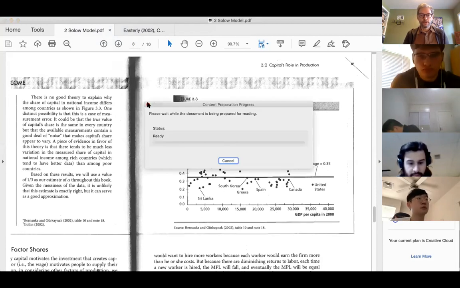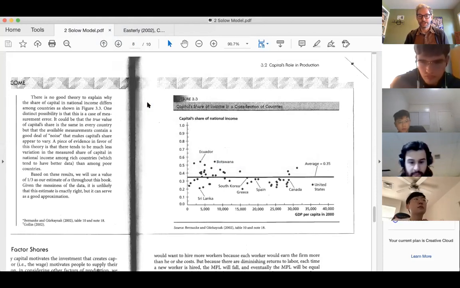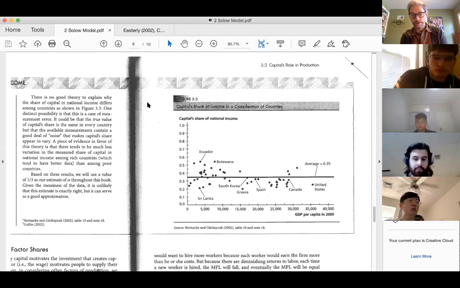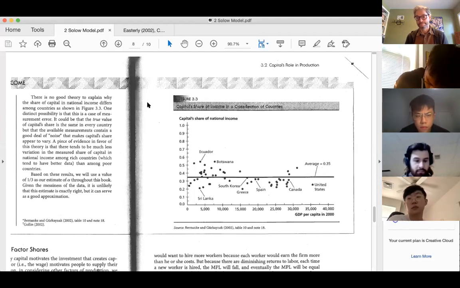This is looking at capital share of national income. So this is really an estimate of alpha in our Cobb-Douglas production function. What alpha is, how important capital is in production. Notice here that, yes, there are some countries where capital share comes close to 0.5, but on average, capital is only about 1/3 of production.